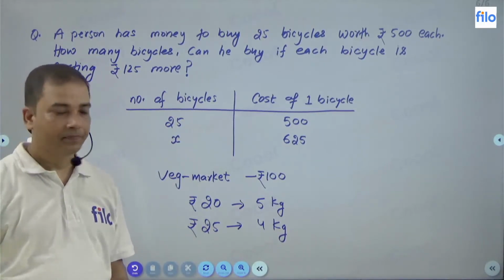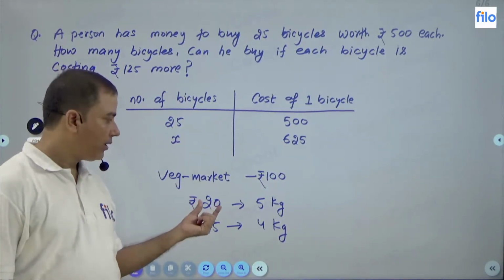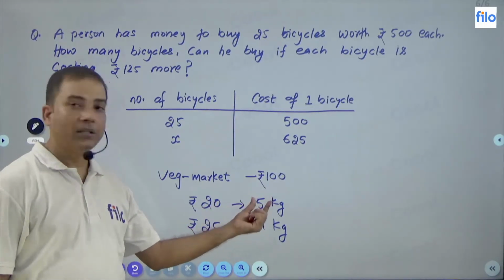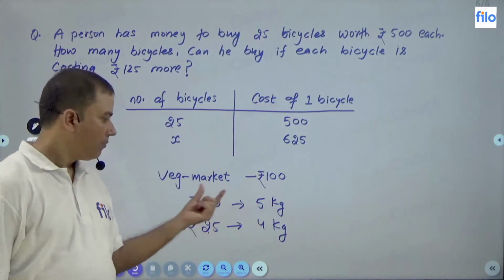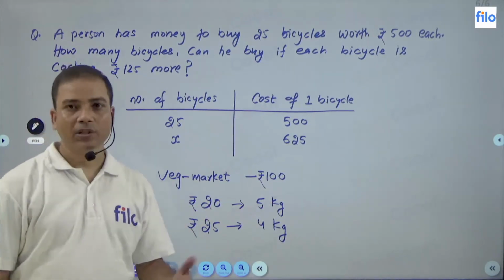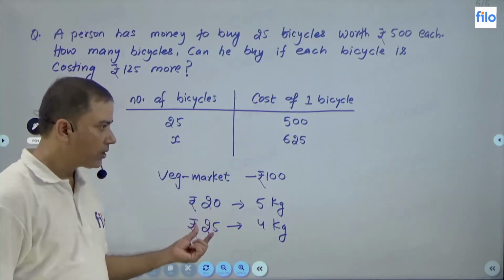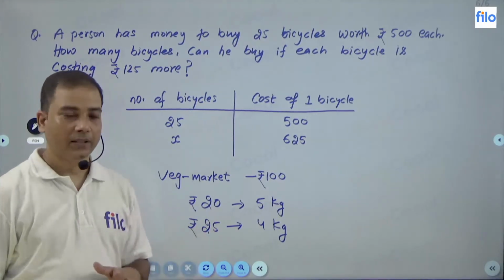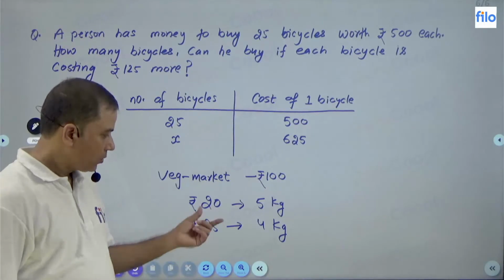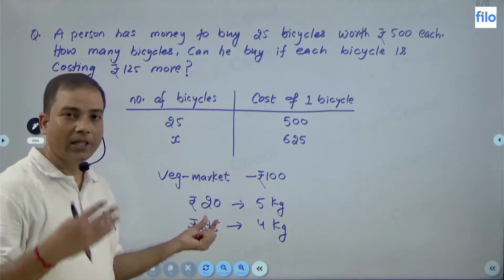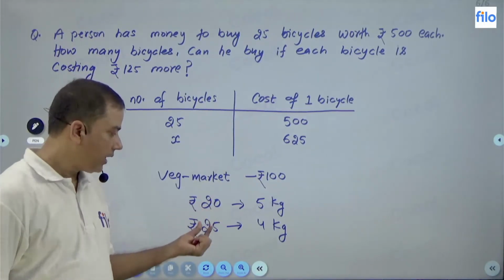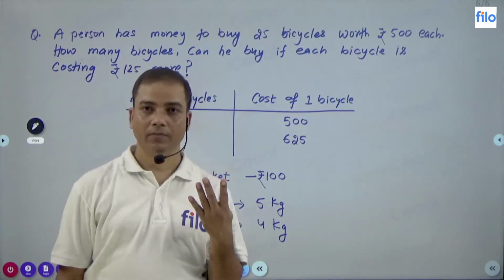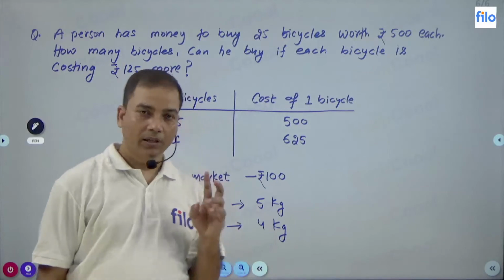Right? When it was 20 rupees per kg, I could buy 5 kgs of potatoes. But when I went to the market, it became costlier, 5 rupees more per kg. So due to the increased rate, now I can buy only 4 kgs. Did you notice?